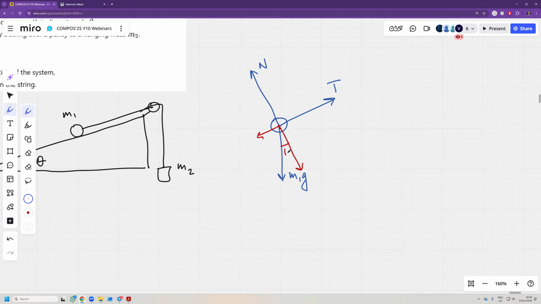So this would be theta, and then this would be m1g cos theta, and this would be m1g sine theta. And it's accelerating up the slope. Well, we assume it's accelerating up the slope. We don't really know, but it doesn't really matter.